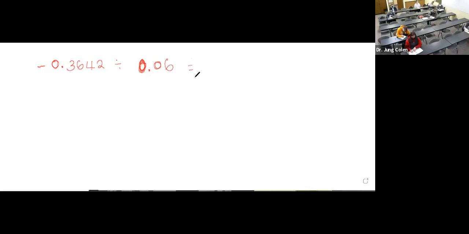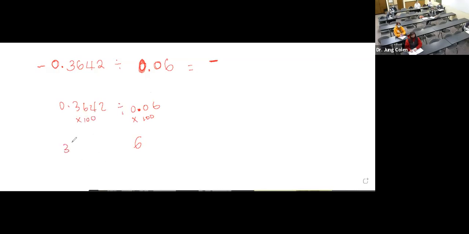First of all, we can decide the sign. Is it positive or negative? Negative, because it's a division of negative by positive. It's like multiplication. If you have different signs, it becomes negative. Okay, now we can just do 0.3642 divided by 0.06. It's not easy to divide by 0.06, so we're going to change this to the whole number, which is 6. How did I change that? Multiply this by 100. So we're going to do the same thing here.